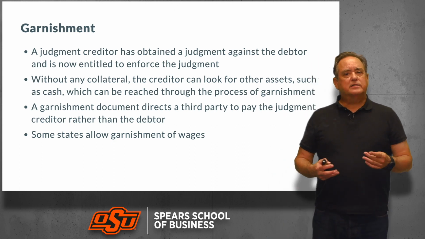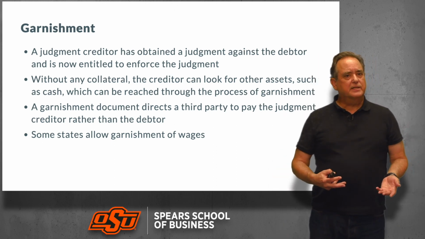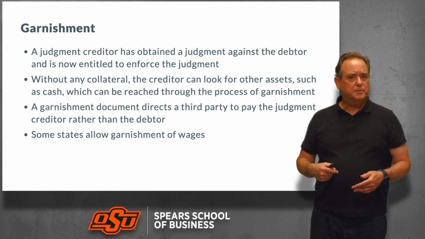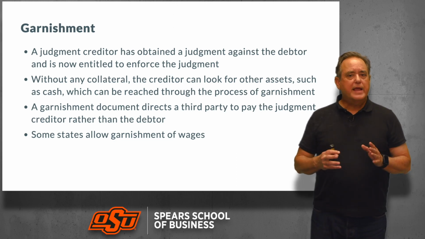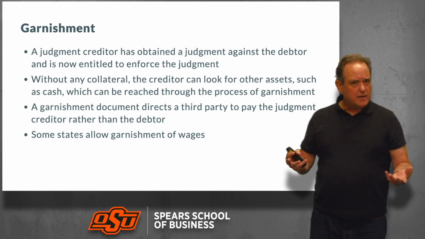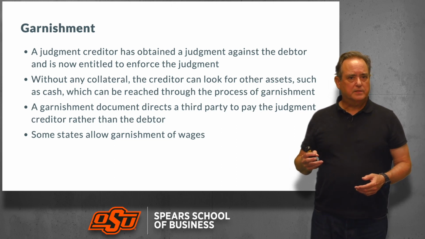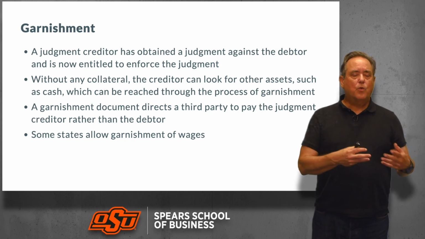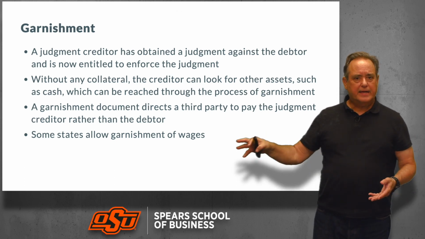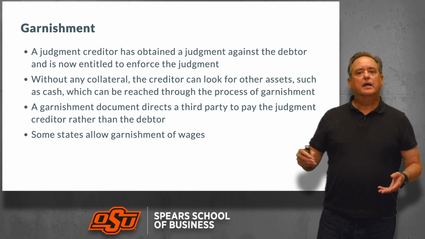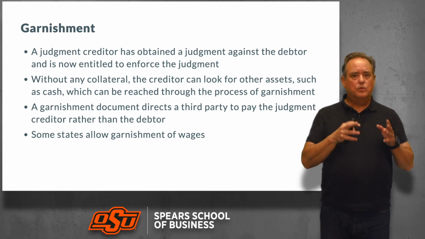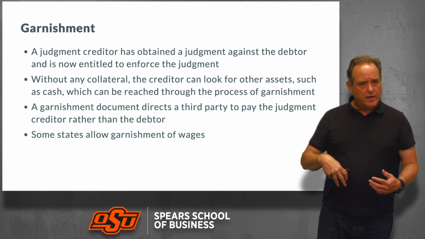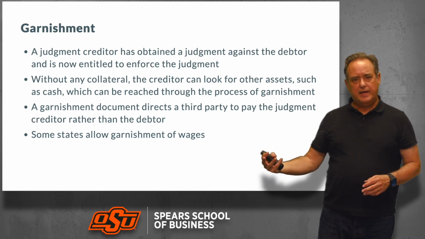Once a creditor has obtained a judgment against a debtor, it is entitled to enforce the judgment. And one of the ways it can do that is through this process called garnishment. I go to the court seeking an order of garnishment against a debtor, and that order will direct a third party to pay the judgment creditor rather than the debtor.